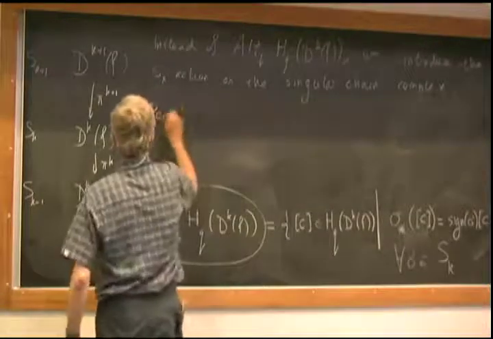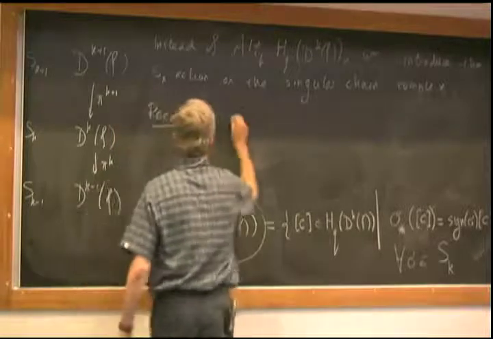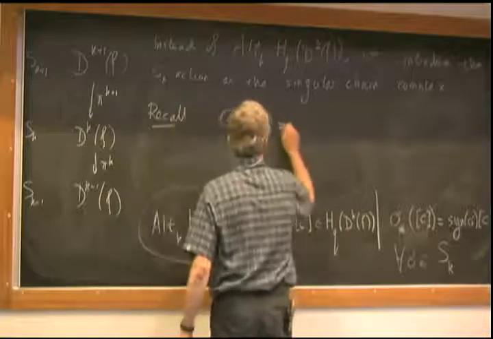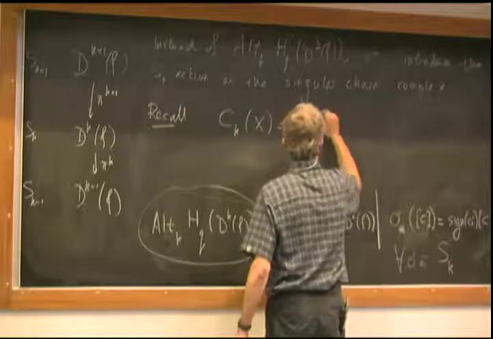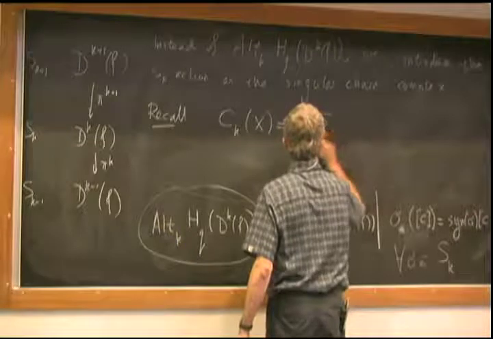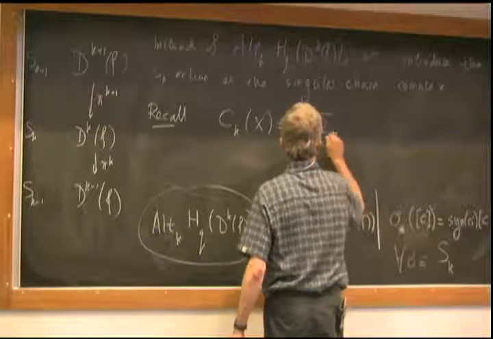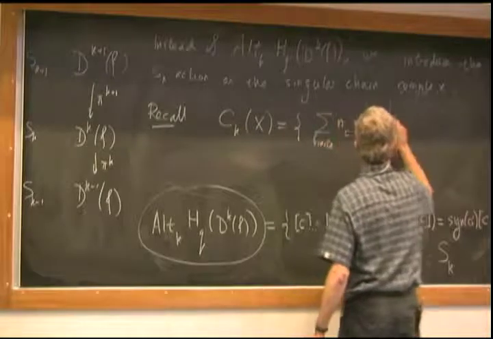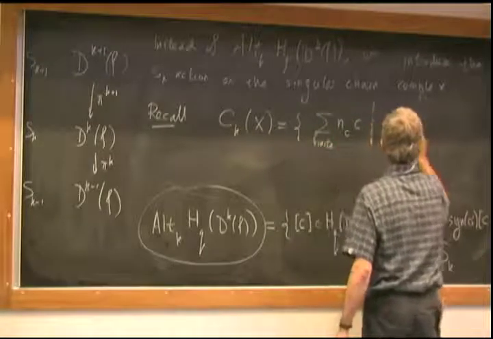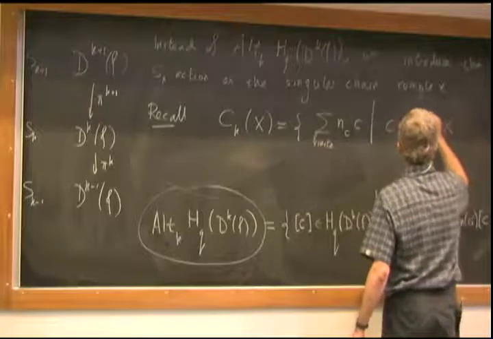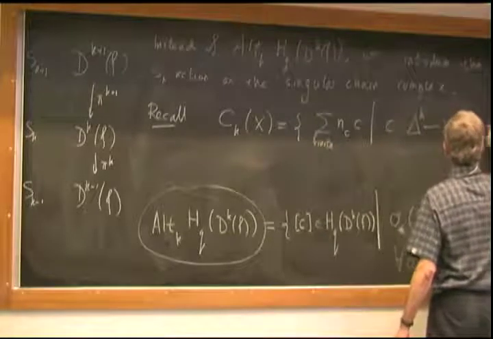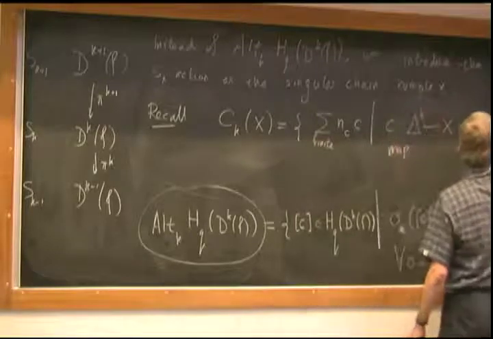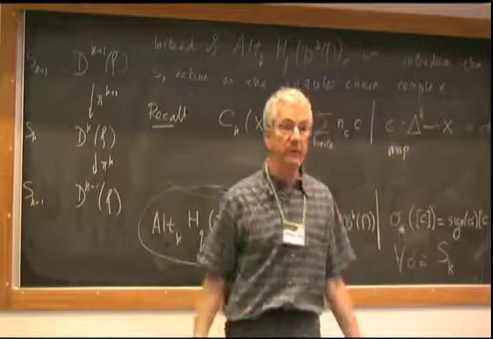So if you recall, perhaps I just fix notation, Ck of x is by definition the set of formal finite sums n sub c, c, where c from the standard k simplex to x is a continuous map. We just look at formal sums of continuous maps from the standard k simplex into x.